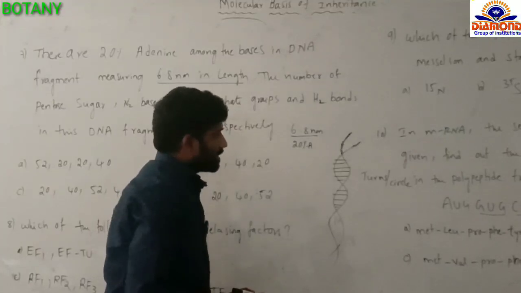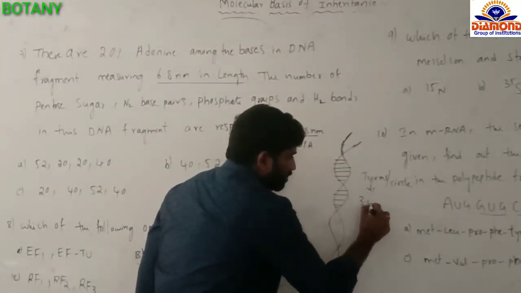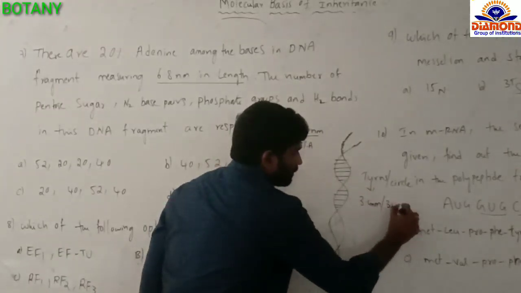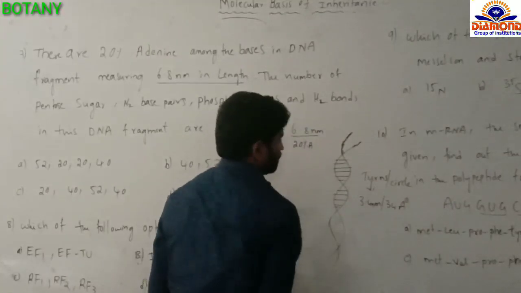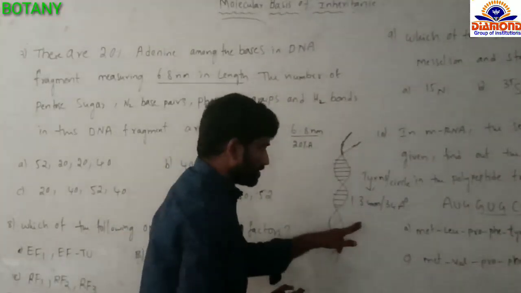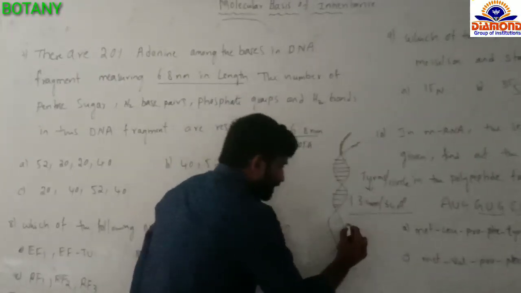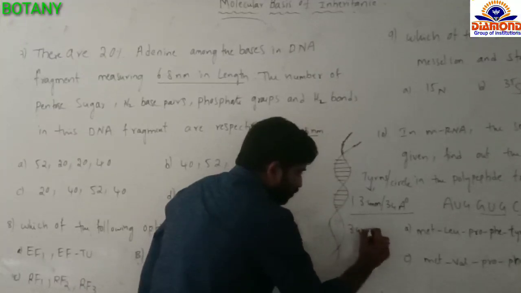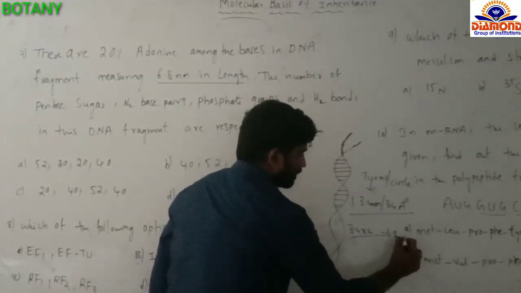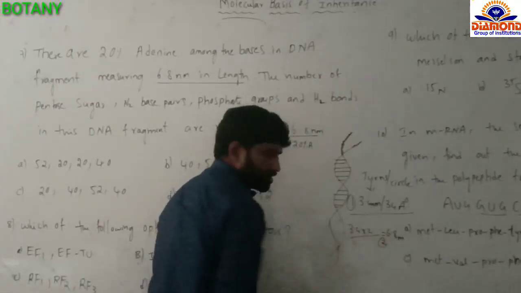6.8 nanometers. Generally, one turn is equal to 3.4 nanometers or 34 angstrom units. One turn or one helix of the DNA strand. Here they have given 6.8, which means 3.4 into 2, so this is one turn and these are two turns.